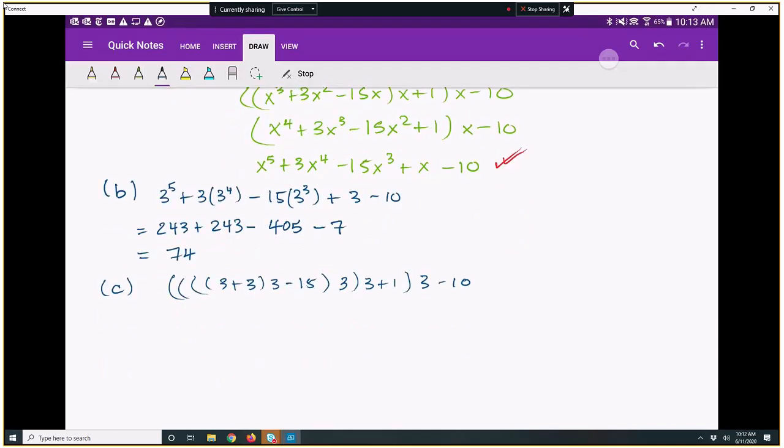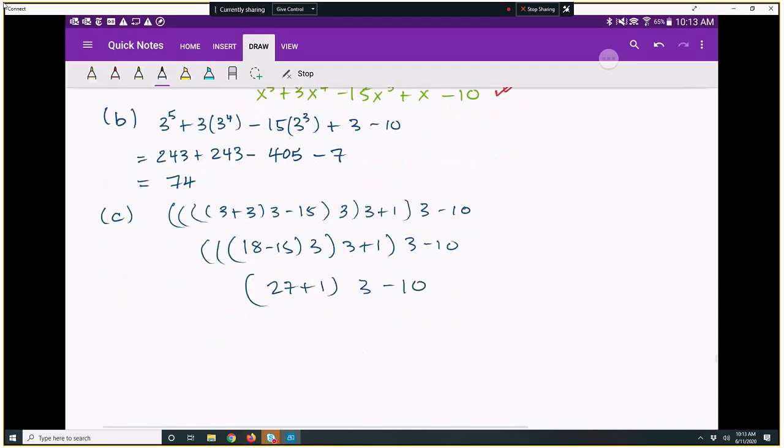So working my way from the outside in, this ends up being 6 times 3 is 18 minus 15 times 3. So then 18 minus 15 is 3. 3 times 3 is 9. 9 times 3 is 27. This becomes 28 times 3, which is 84, minus 10, and that's 74.